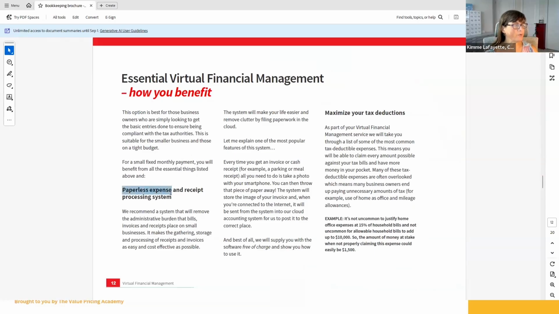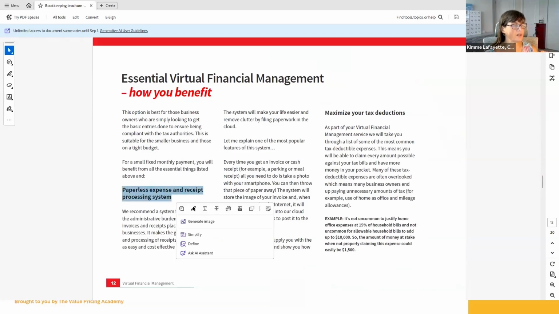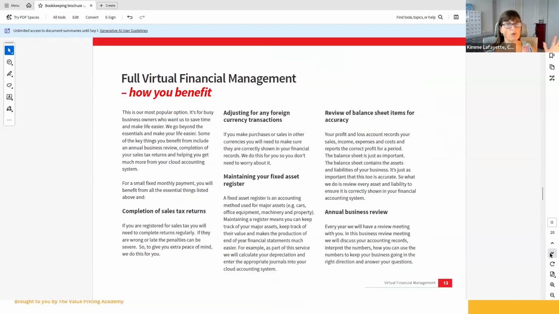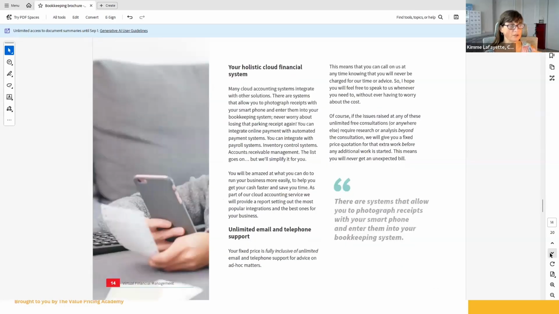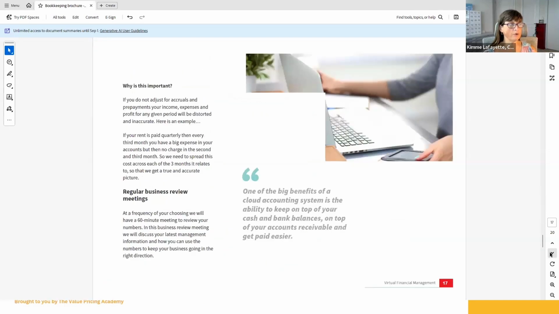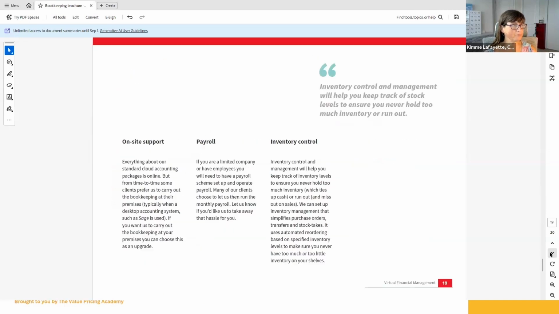So if a pain point from them was that they were always losing receipts and stuff, I would highlight this before I have my meeting with them. So as I'm flipping through this, I don't have to spend time going through the whole thing. I can just jump to those specific points because they will have a copy of this. They can go through it in detail themselves.